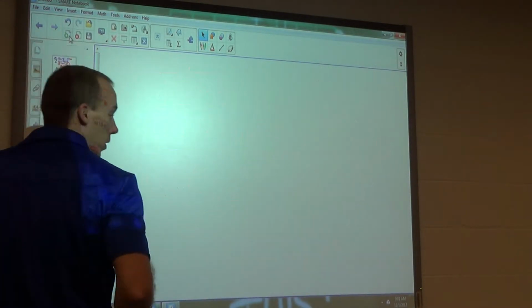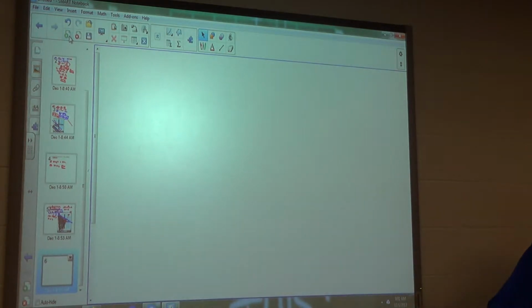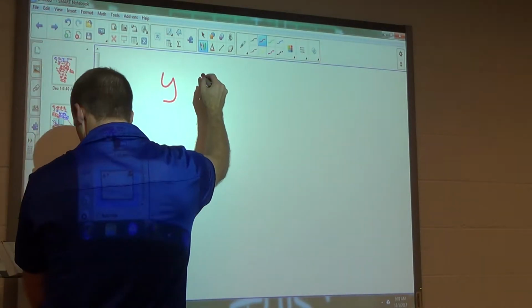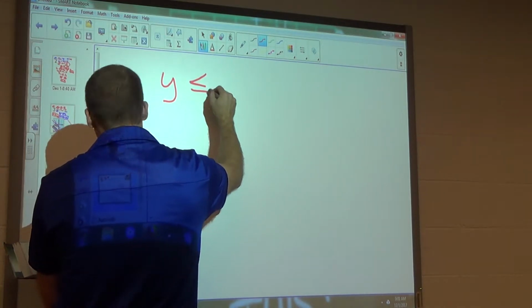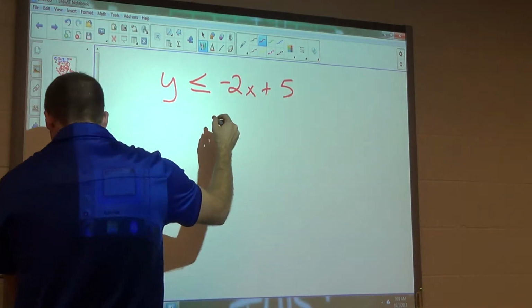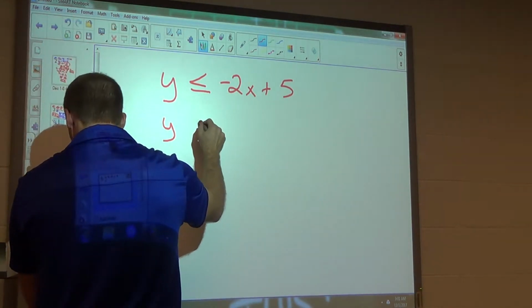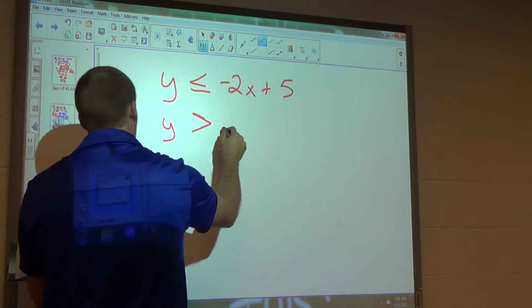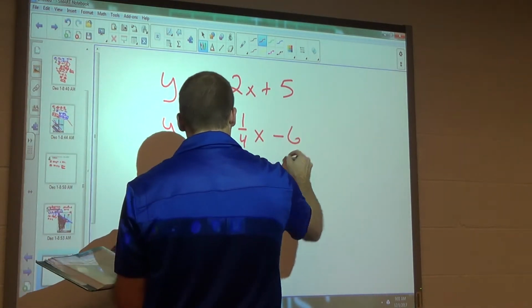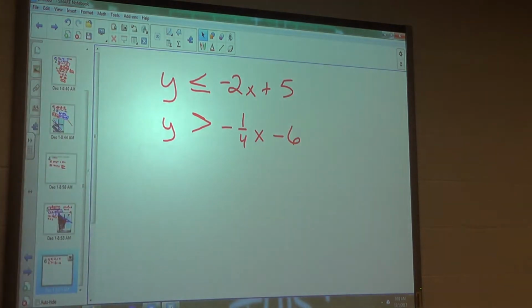All right, so next question we're going to practice is this one. y is less than or equal to negative 2x plus 5, and y is greater than negative 1/4 x minus 6. On your paper, graph those two inequalities: solid line, dotted line, and then shading.